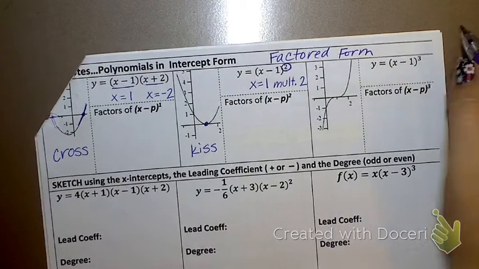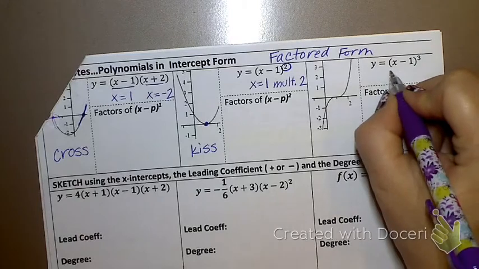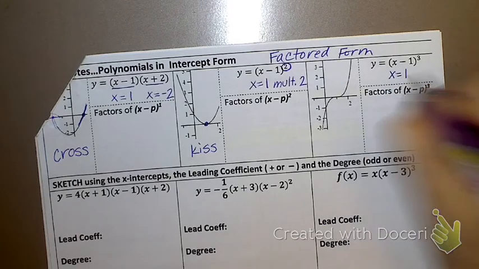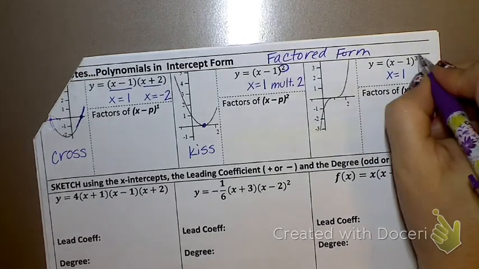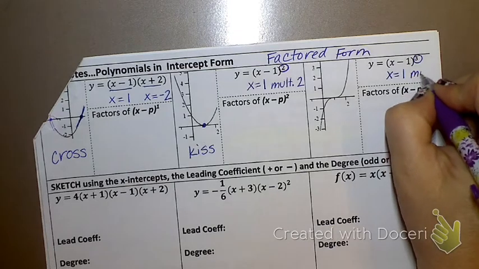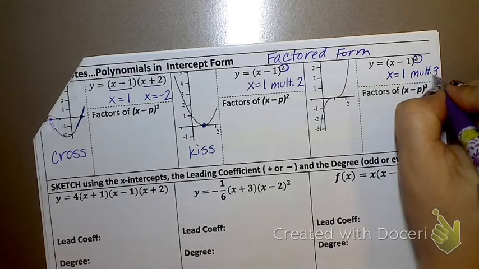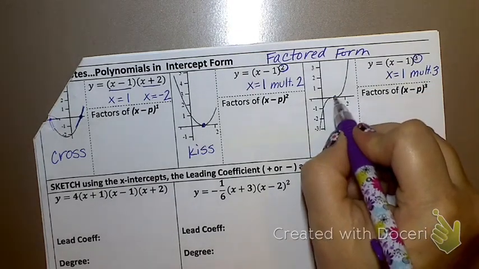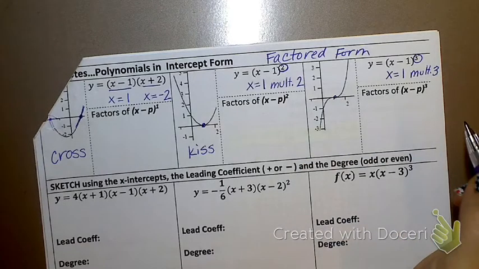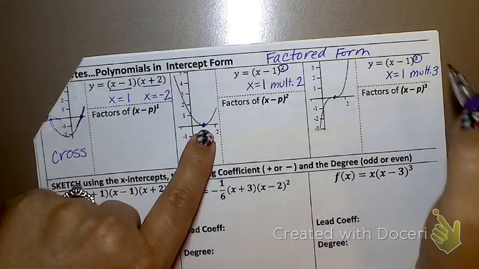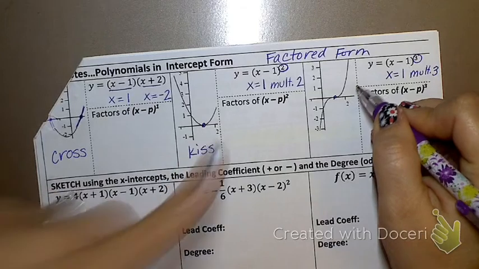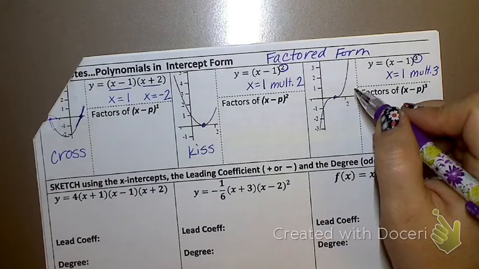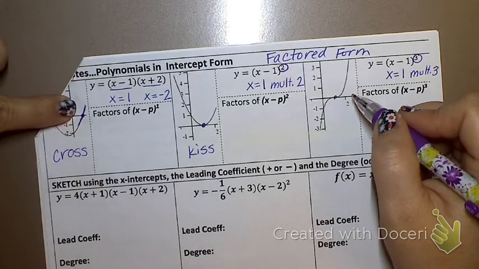Okay? And then this last one over here, I have x equals 1 still, but what's different about this one? Multiplicity of 3. And how does that picture look different? Here's 1. How does it look different than the previous ones? It's clearly not a kiss because it's going from the bottom to the top, or it could be going top to bottom. But how is it different than the multiplicity of 1?